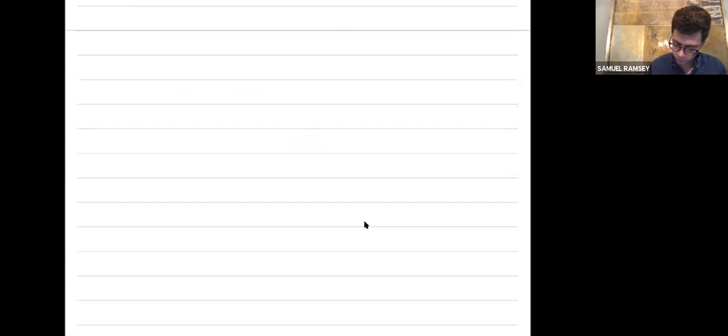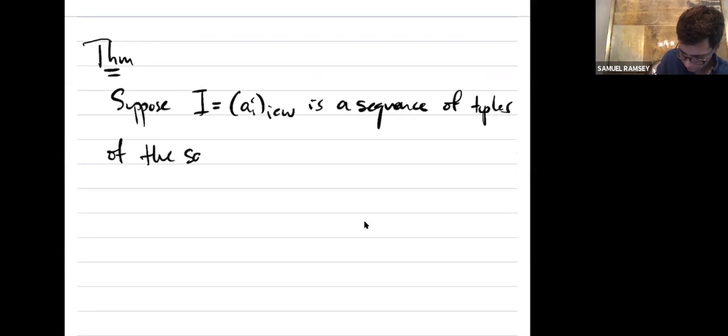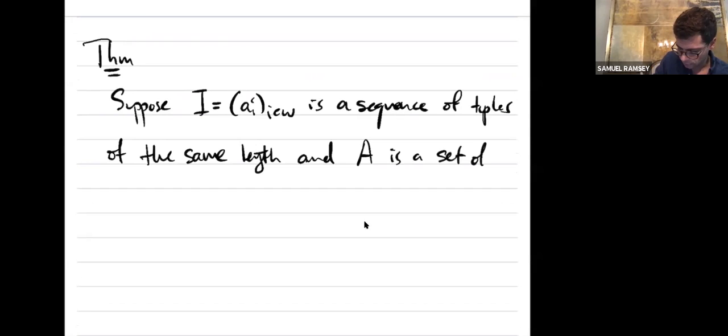All right, so now we want to prove the following theorem, which says, suppose I equals a_i, i less than omega, is a sequence of tuples of the same length, and A is a set of parameters.